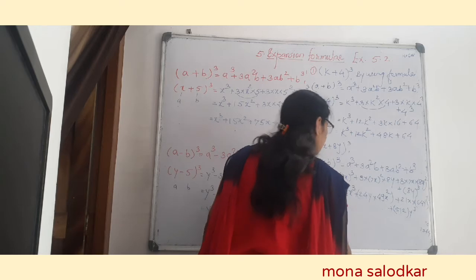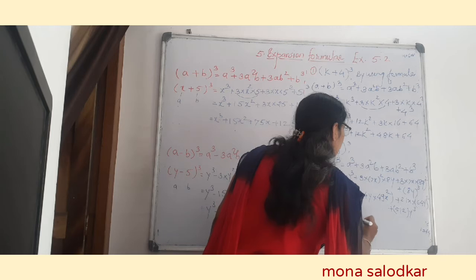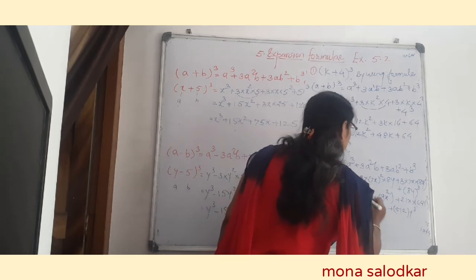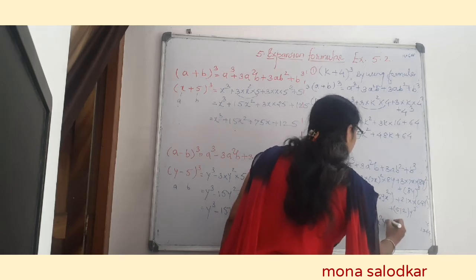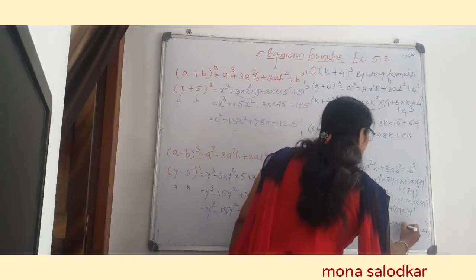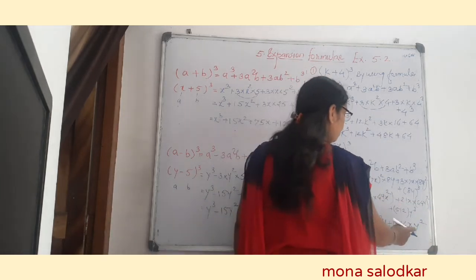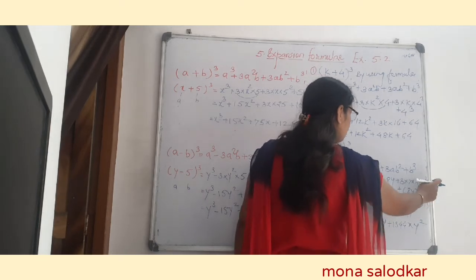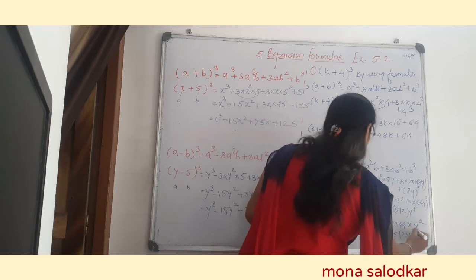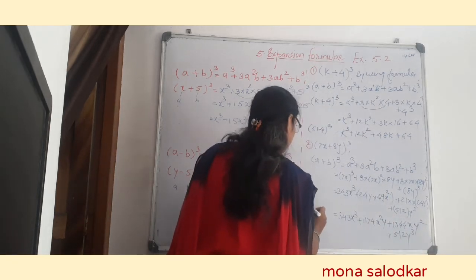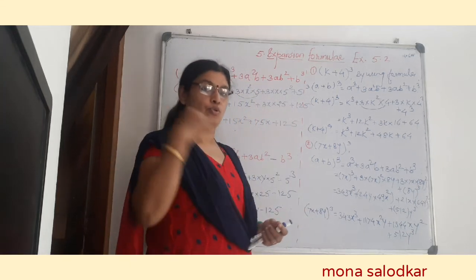Now multiplication: 343x cube plus 1176 x square y, and then 1344 xy square. Here 21 into 64 is 1344, and x into y square. And what is the last term? 512y cube. It is the cube of which term? (7x plus 8y) cube. In this way you have to solve the problem.